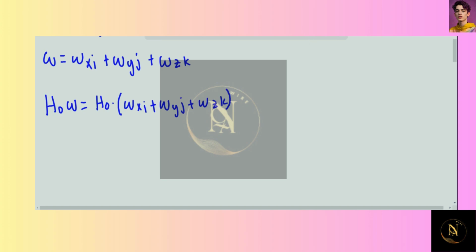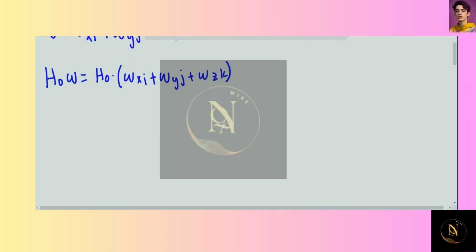And expanding this, and I'll write it out in green. So we're going to expand this as h of O dot omega, and then the dot product of this will be the following.